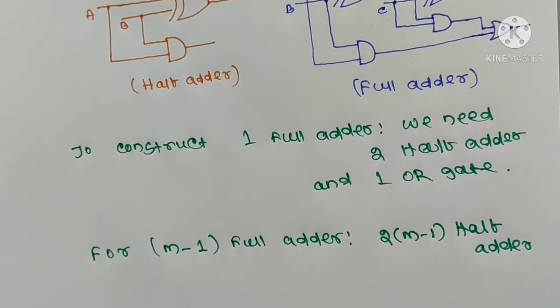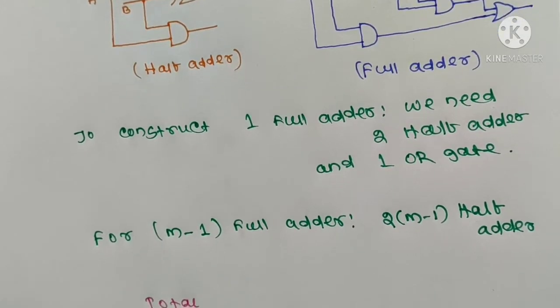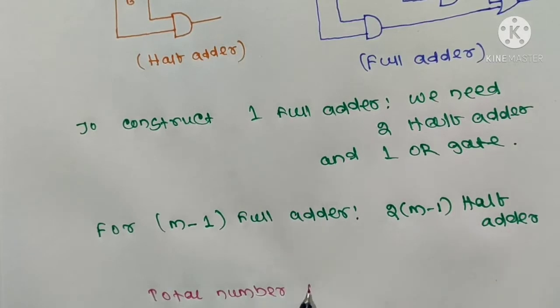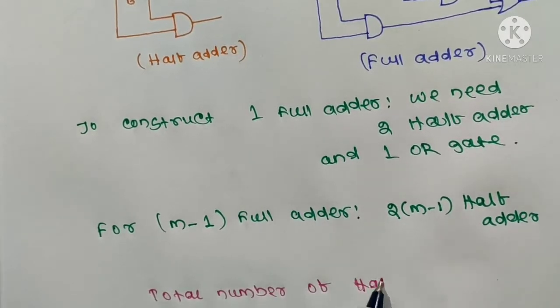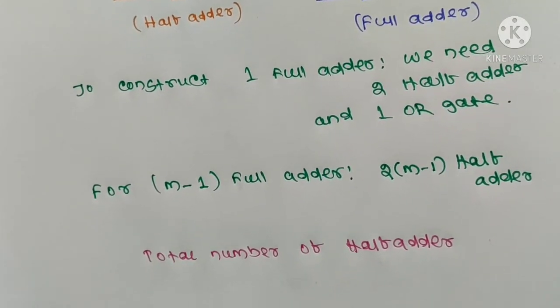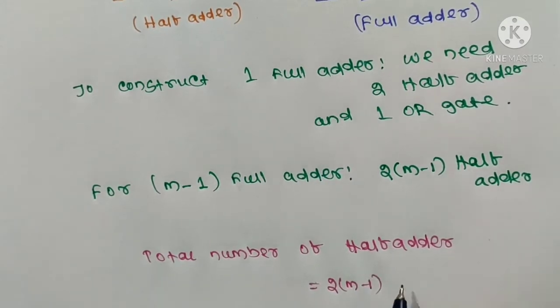So total number of half adders equals 2 times m minus 1 plus 1.